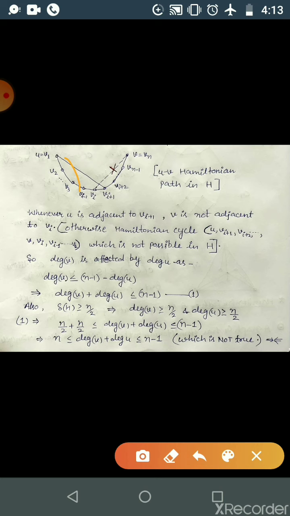And if it is adjacent with v4, v1, it is not adjacent with v3. So this case is not there.